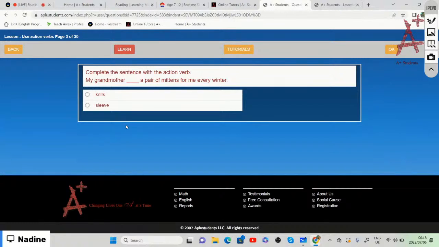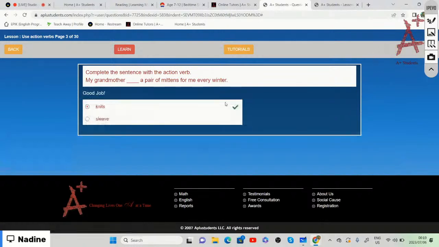Are we choosing option one, which is knits, or option two, which is sleeve? All right, so knits, wonderful. That is correct. Good job.